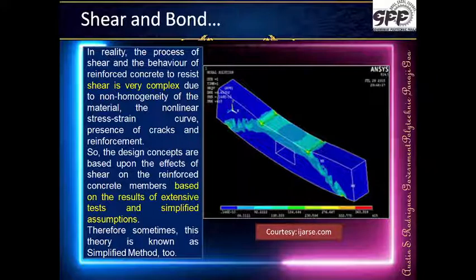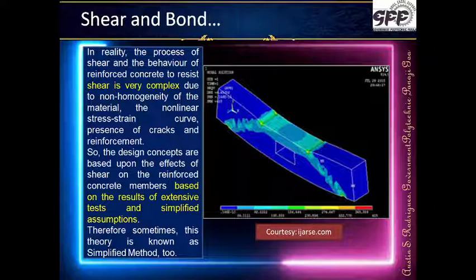The sand aggregate interlock, the reinforcement present over there, then the concrete as a whole, how it will behave. Because of all this it becomes so complex that the theory of shear is based on a lot of research which has been done.